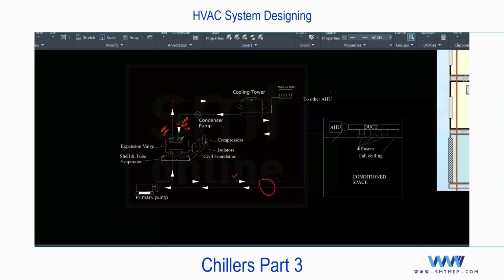Okay, and this water is responsible to pick the heat from the refrigerant, and you can see from the compressor, the refrigerant is entering in the tube in the shell and tube heat exchanger, and water in as a cold water. I'm not saying chill water. Chill water you'll find in this side. Here the cold water, which you can get from the cooling tower. Okay, so cold water in and extracting the heat from the refrigerant.